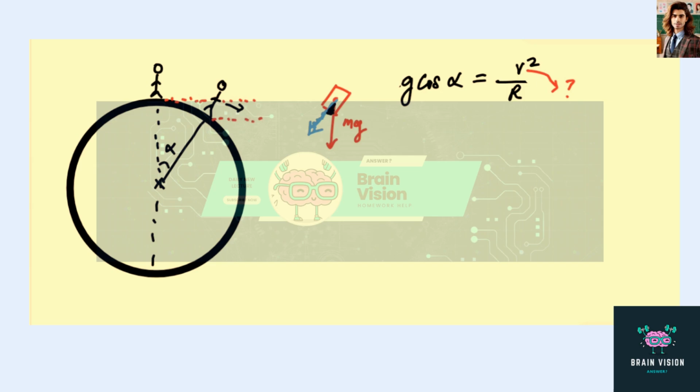Having come to this particular point, it has converted this amount of gravitational potential energy, mgh, into kinetic energy, half mv squared. So g times h is equal to half v squared, so v squared is equal to 2gh.